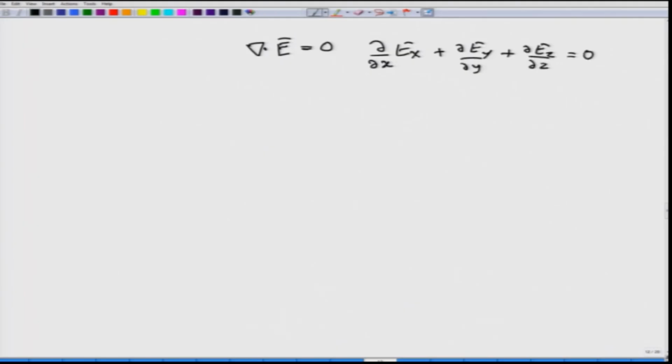Clearly, in the case that we have been considering, there is no E z component, therefore del E z by del z is equal to 0. Furthermore, because this is a uniform plane wave, E x is not a function of x and E y is not a function of y, so these are also equal to 0. So, the conditions that we assumed are naturally satisfied.